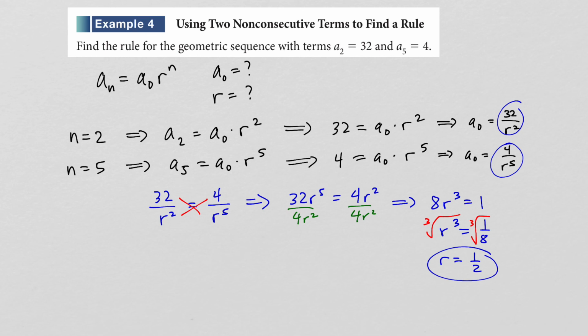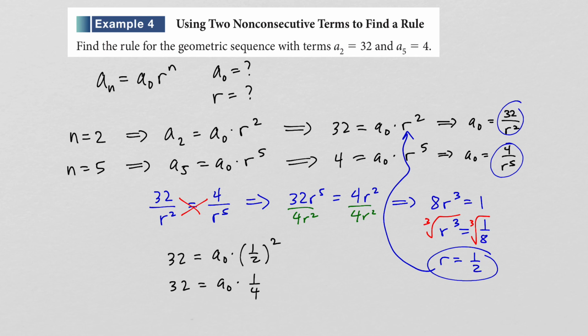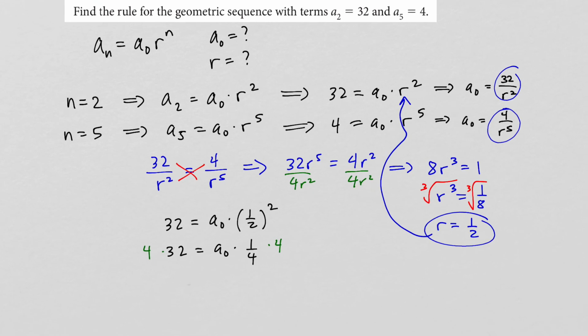Now, as soon as I know R equals 1/2, I can take that value, come up here and plug it in. And I can plug it into either one of these equations. I'll just plug it into the first one. That's going to give us 32 equals A naught times 1/2 squared. That is 32 equals A naught times 1/4. And then multiplying both sides by 4, 4 times 32 is 128, which is equal to A naught.